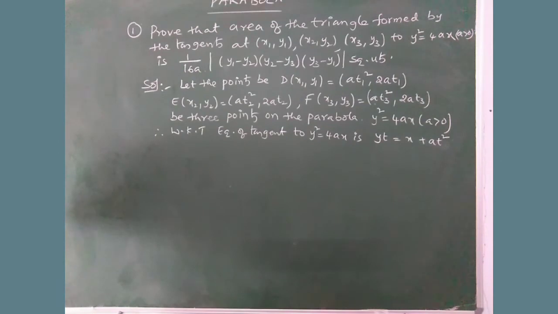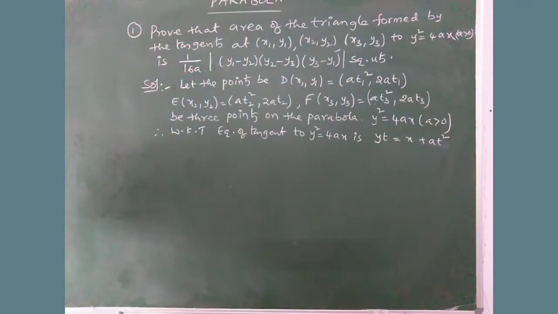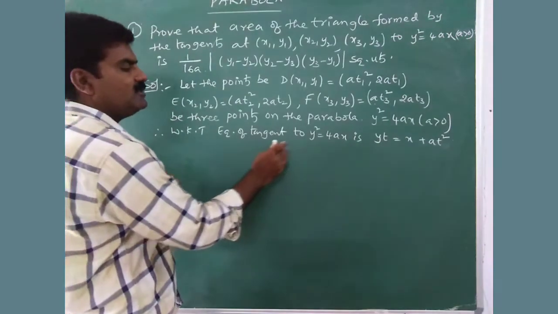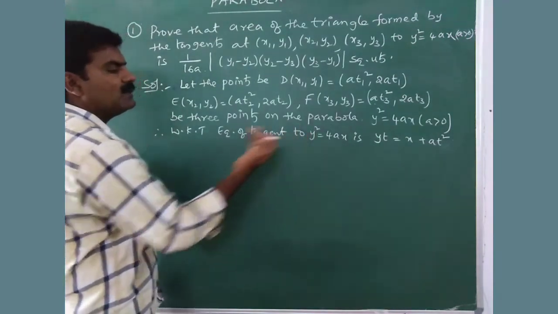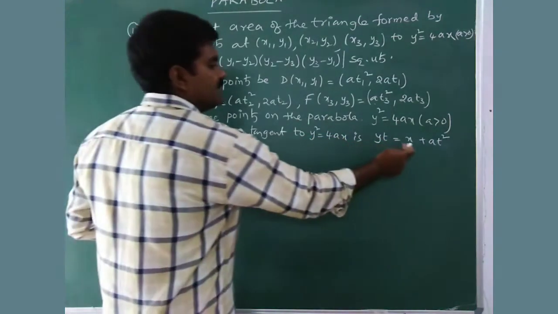Now at these points we need to find the equation of tangent, and those three tangents form a triangle, hence we need to find the area of the triangle. We already know that the equation of tangent to the parabola y square is equal to 4ax is yt is equal to x plus at square.